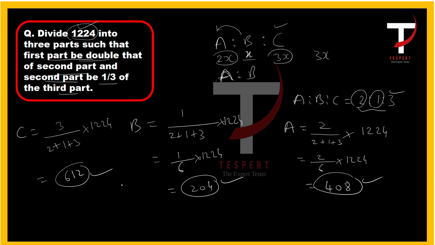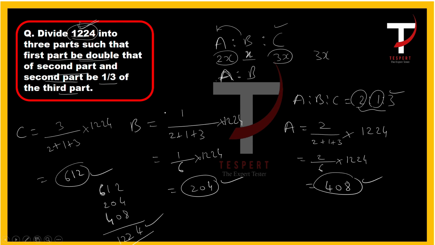So let's add whether we are getting the same value or not. 408 plus 204 plus 612, and this is 1224. See, both are equal.